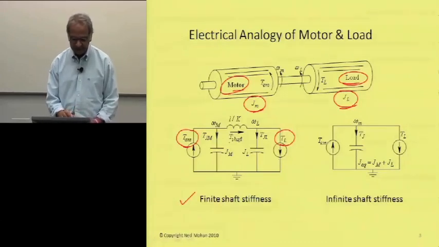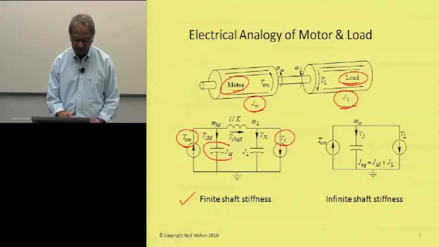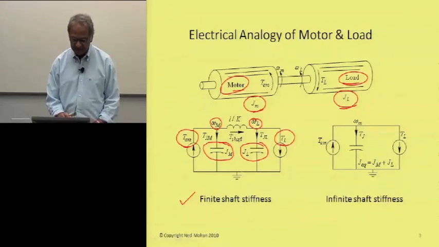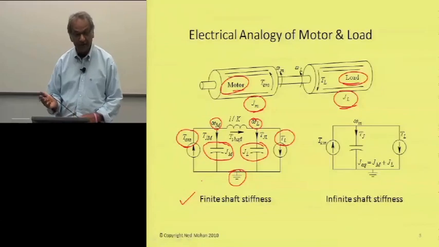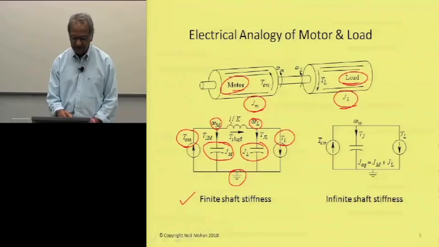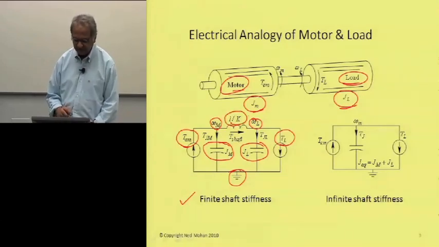The moment of inertia of the motor is represented by this capacitance, and the moment of inertia of the load by this one. Then we have the angular speeds at the two ends, omega m and omega l, which are different, and this ground is just a hypothetical reference in this circuit. This shaft is represented by this 1 over k.